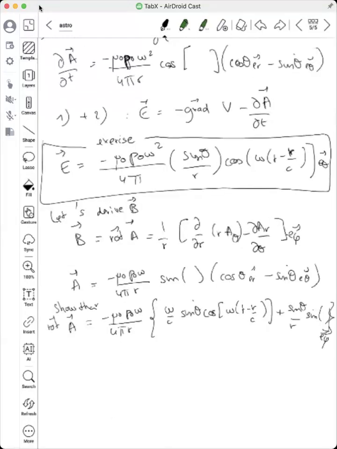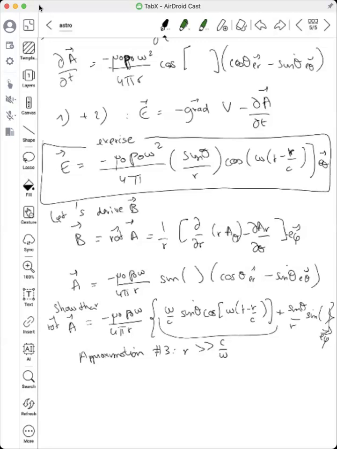And here again, I'm using approximation number 3. Okay, that tells me that r is much bigger than c over omega. And so I can simplify this and keep only what? I can keep only this term, right? Do you agree? Who doesn't agree? Right? Because r is much larger than c over omega, 1 over r is much smaller than omega over c. And so this expression is completely dominated by the first term.